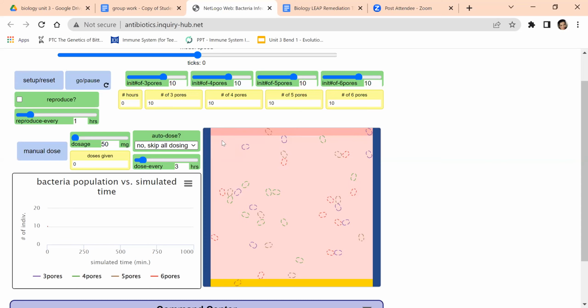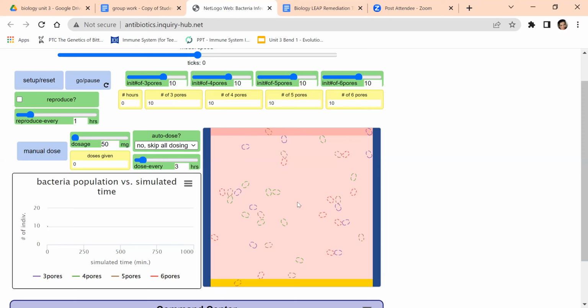You see we've got the 4 different variations of the bacteria here. We've got some of the purple ones, some of the green, some of the red, some of the brown. When I start the simulation, you're going to see little tiny particles come down from the top of this screen that the bacteria are in.